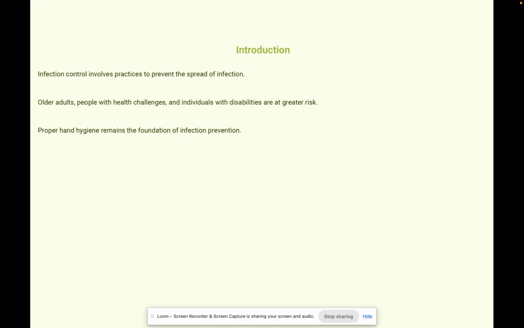Again, when we talk about infection control, it involves the practices to prevent the spread of infection. The main one is the very common hand washing, making sure that when you do hand washing, there is soap and water, running water that rinses the soap, right? Older adults, people with health challenges, and individuals with disabilities have a greater risk for infection.